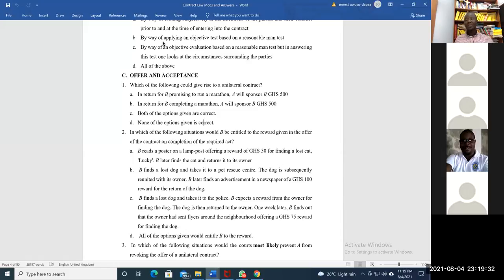And again, those who have been relying on Carlill v Carbolic Smoke Ball, if we look at JPOL, they shed important light on the issue. This is what they say, that Carlill v Carbolic Smoke Ball has been valuable in explaining unilateral contracts.